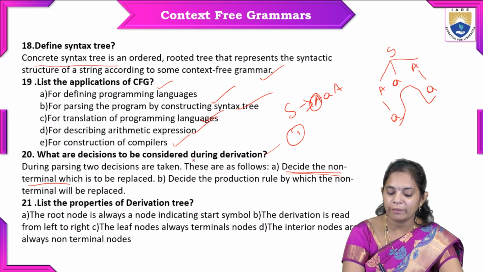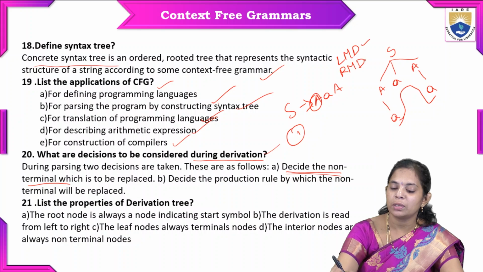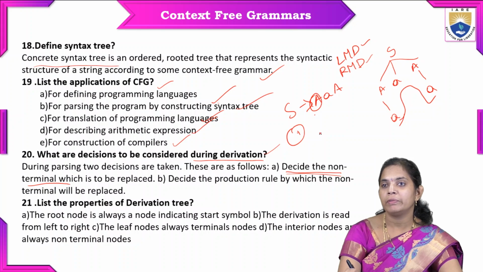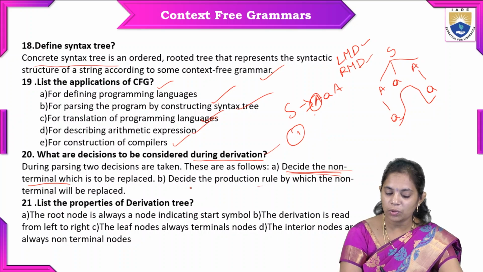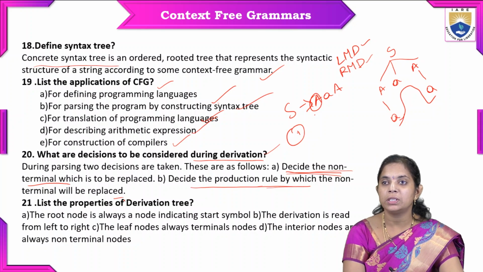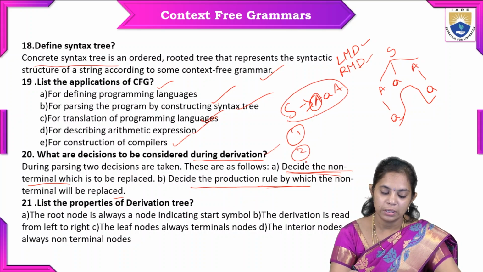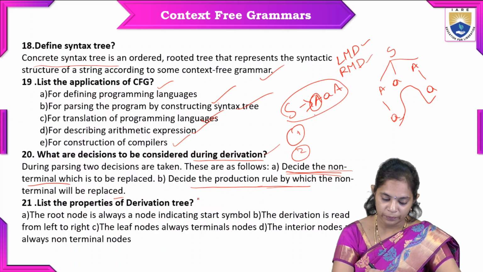Because we have two types of derivations: leftmost derivation and rightmost derivation. Based on the derivation we are taking, we take one non-terminal and then replace it. So the first is to decide the non-terminal, and the second is the production rule by which the non-terminal will be replaced, that is, which production rule we are going to take. Those are the decisions we need to take for the derivation of any string.